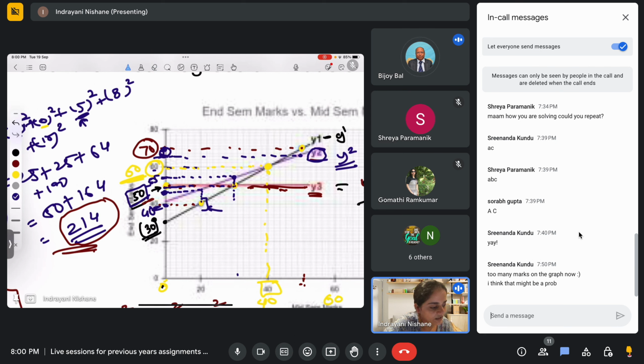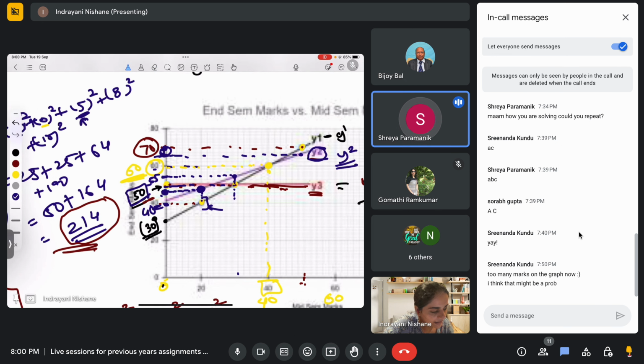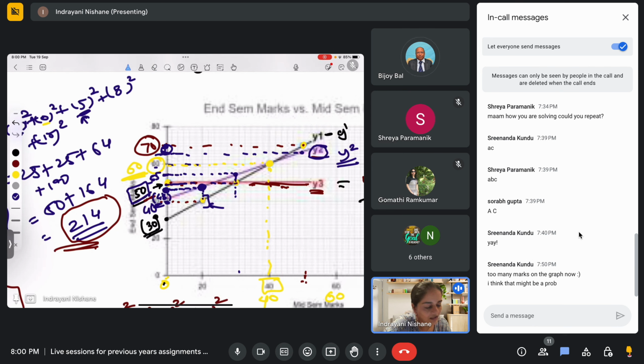Somewhere here on this blue point. We have to see where it is intercepting. What is the y-intercept for that particular point? That will be our output, right? We can say roughly 48. We can approximate 48, that's what we had decided. So what will be the difference between actual value and predicted value? 8. So we have written 8.